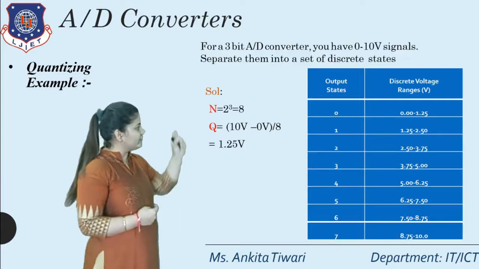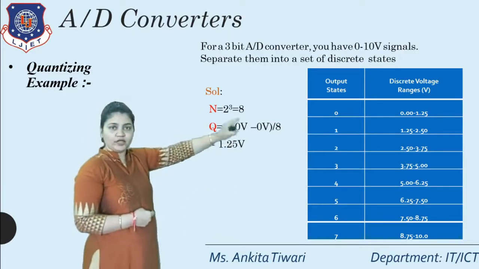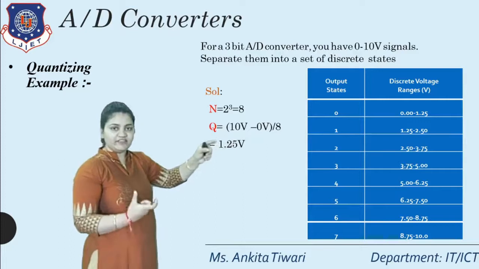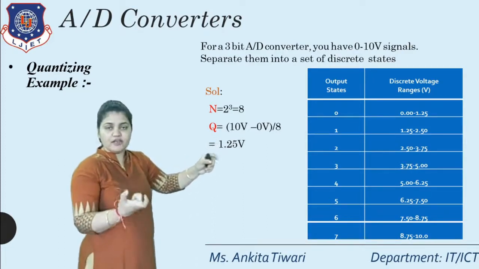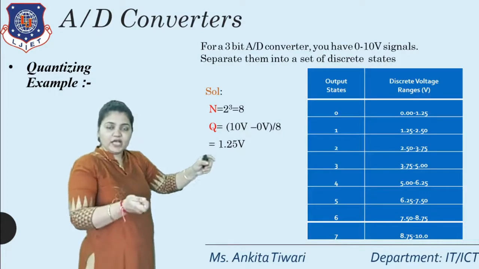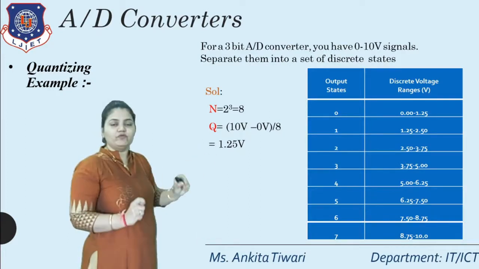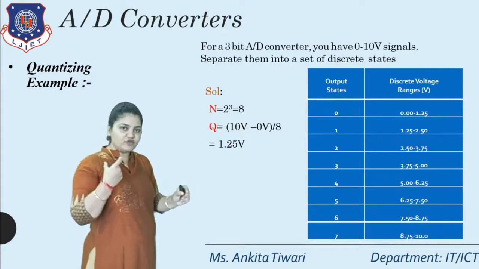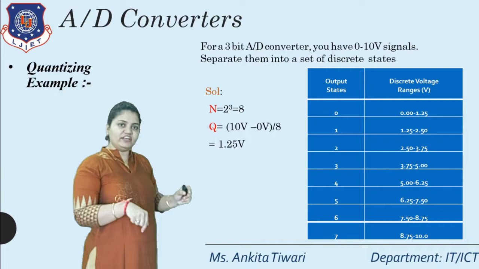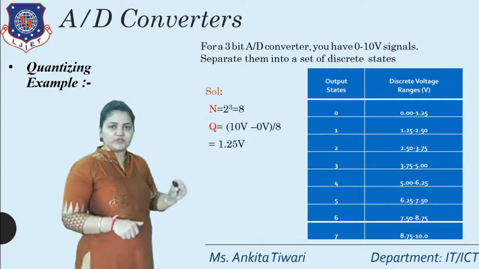The first value we are taking is 0. At that point, we will divide the group. We will take 0.00, the first initial value, till 1.25 volt. So this is our first group. Now we got the value 1.25, and we will further divide it, as the second value is 1.